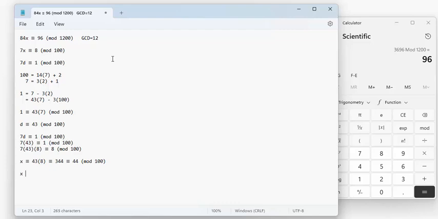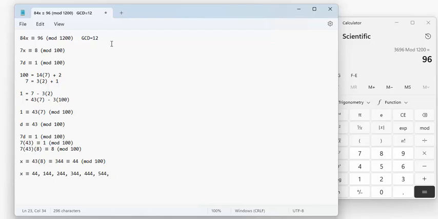So x now is congruent to 44, 144, 244, 344. You add 100. You need 12 solutions because the GCD is 12. 444, 544.